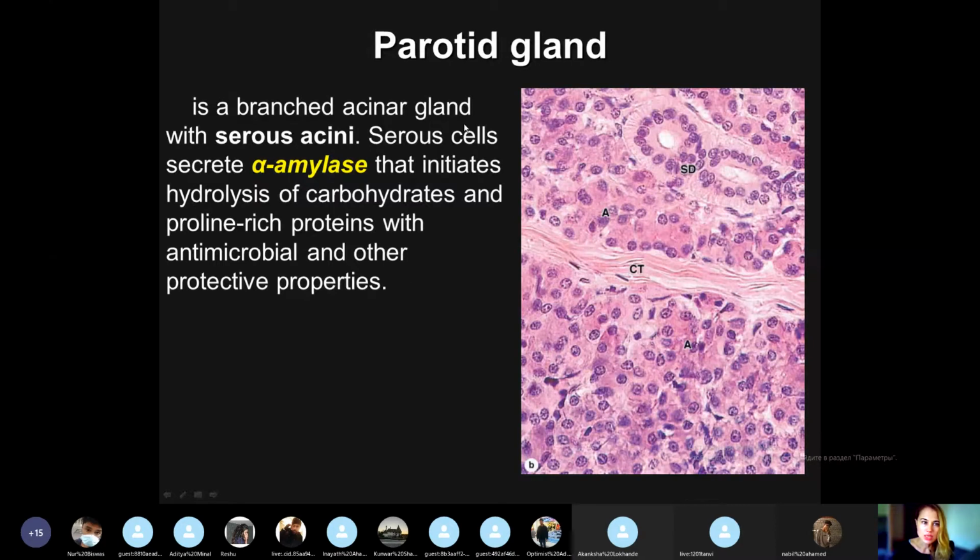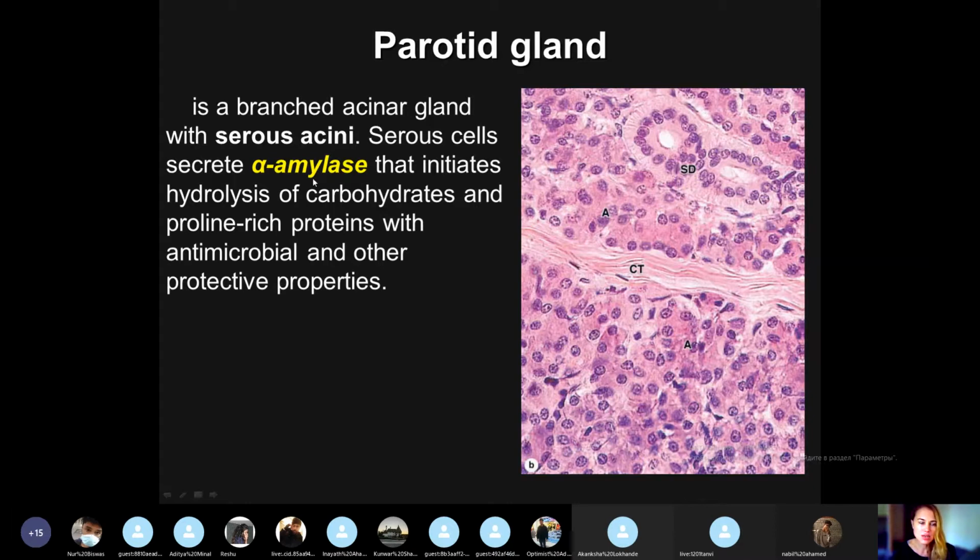First of all, the parotid gland is represented by the serous acini only. So if we look at the specimen, we can see only serous cells. This is the only gland that is typically serous, composed of the serous acini only.